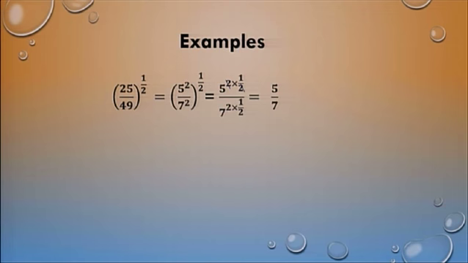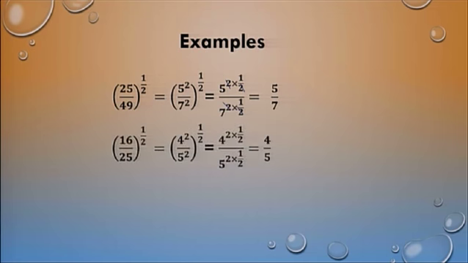While performing the multiplication with the powers, the 2s will be cancelled, so the answer is 5 over 7. Similarly, for 16 over 25 power half, 16 is written as 4 power 2, and 25 is written as 5 power 2. Applying the rules of indices, we end up with an answer of 4 over 5.